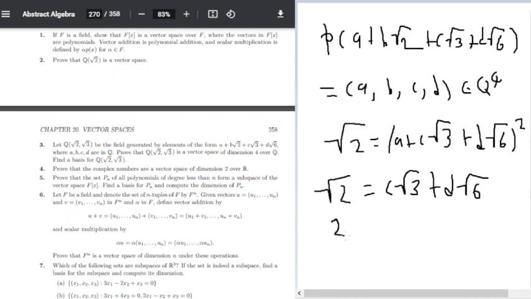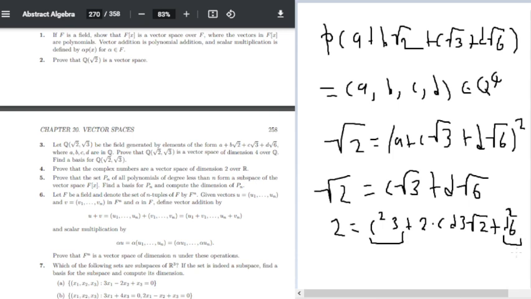Alright, so we square that, and we get c squared 3 plus 2 cd square root of 3 is equal to, that's 3 times 2, so it's 3 square root of 2, plus d 6, plus d squared 6.